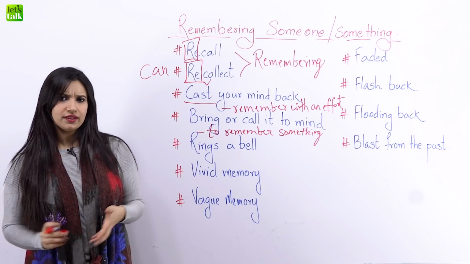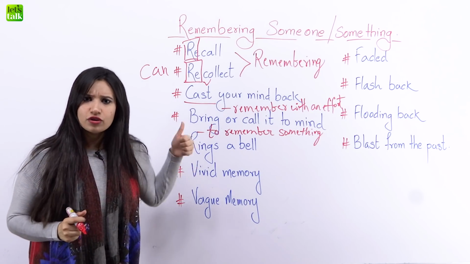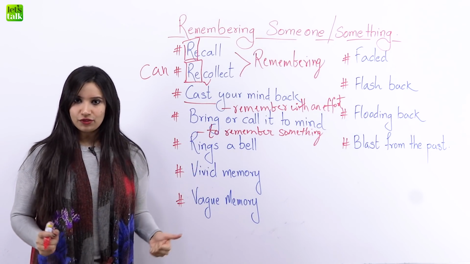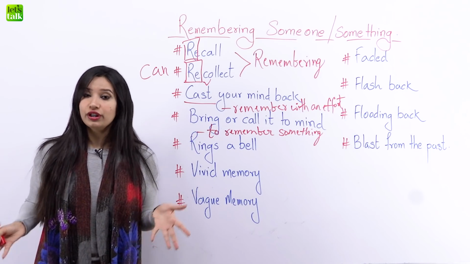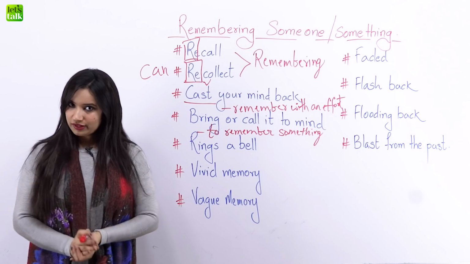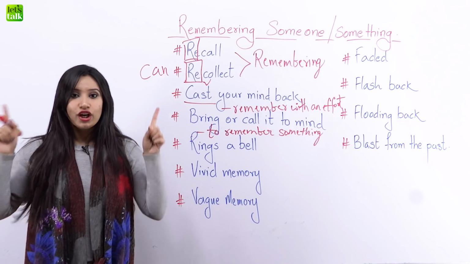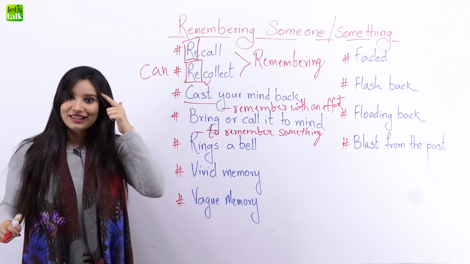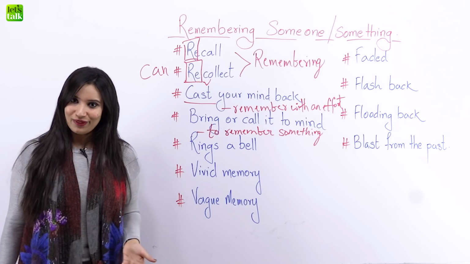So you could say, I remember his name, but I can't call his face to mind, which means you cannot remember the person's face, but you remember his or her name. So you'll say, I remember her name, but I can't call her face to mind, or I can't bring her face to mind.